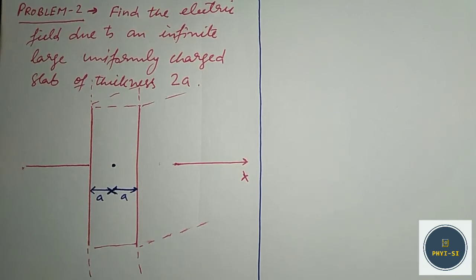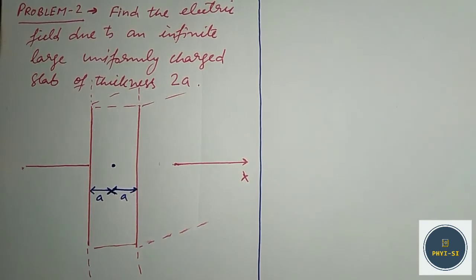We have done a similar problem when we had to find the electric field due to an infinitely large sheet of charges. But it is a bit different, because for a sheet of charges we suppose that the thickness is very small, so we do not need to calculate the electric field inside it.